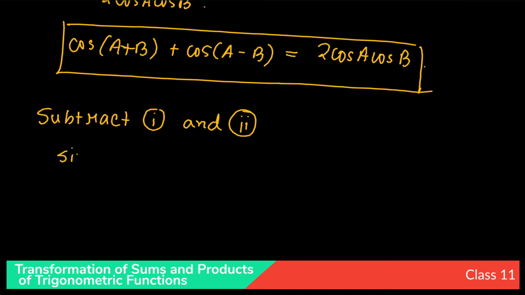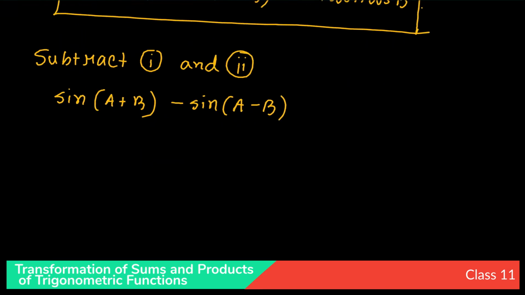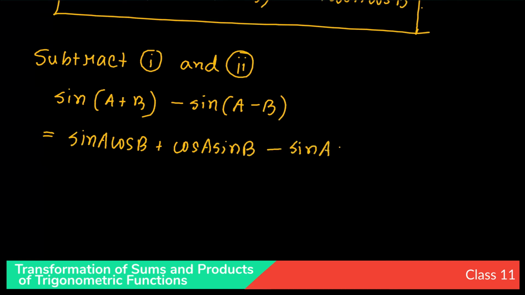So it is sine of A plus B minus sine of A minus B. It is sine A cos B plus cos A sin B, minus sine A cos B. Now the general formula for sine of A minus B is sine A cos B minus cos A sin B, so in front of sine of A minus B it is minus.